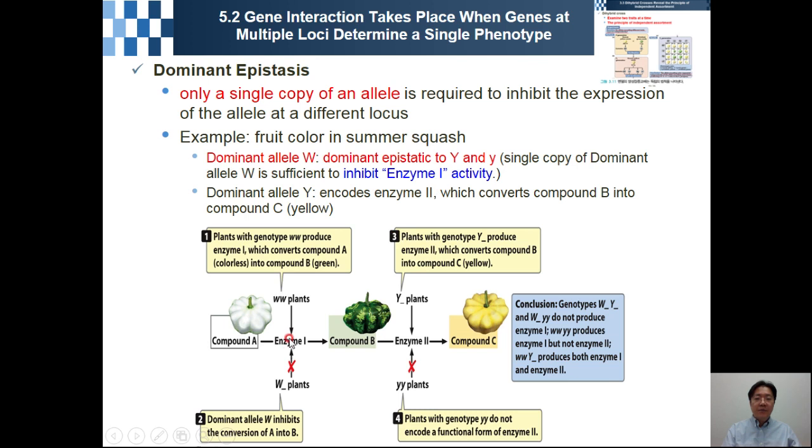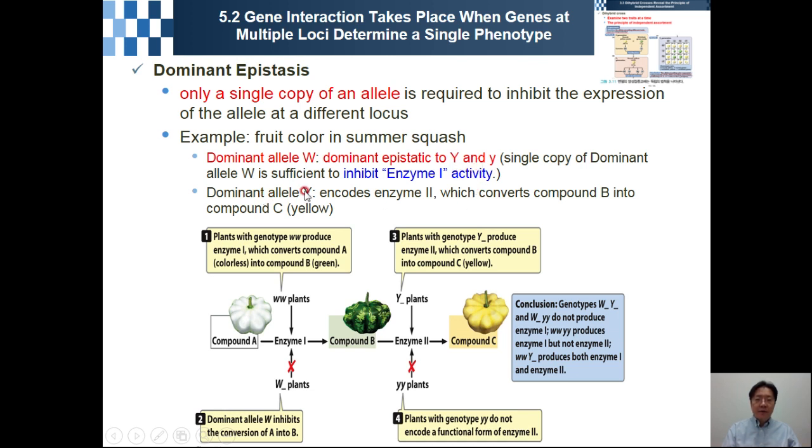If enzyme 1 activity is inhibited, compound A cannot be changed to compound B. It means that compound A cannot be changed to compound C. So the dominant allele W is epistatic to large Y and small y.